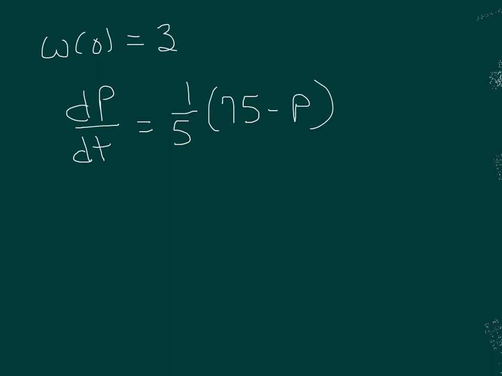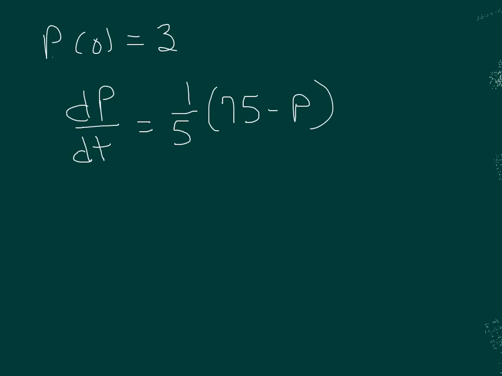Just because a problem starts out looking like, I don't know how to do this, continue to read. It may give you exactly what you need. Y equals P of t is the solution to the differential equation. Use separation of variables to find the particular solution when the initial condition is given. And the initial condition, they said P, so let me change this to P.